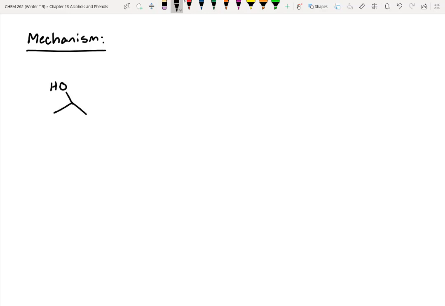It's a lot more complicated, and to be perfectly honest, more complicated than we need to know for this course. Let's say we have the secondary alcohol, and we've concocted chromic acid by mixing up our reagents that I showed you before. What this will do is form something called a chromate ester in equilibrium.